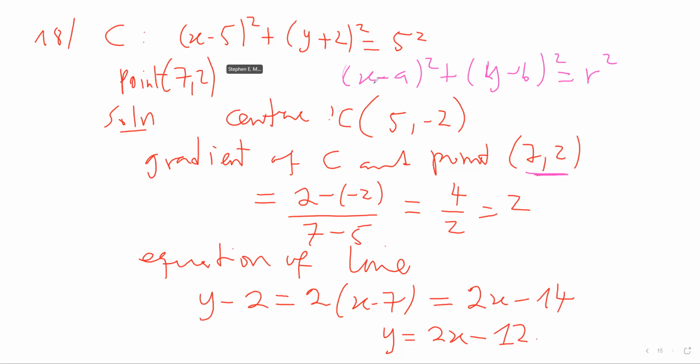So this is y minus y1, which is 2, equal to the gradient, which is 2, times the bracket x minus x1, which is 7. And this gives us the equation of the line through the point (7, 2) that we are looking for.